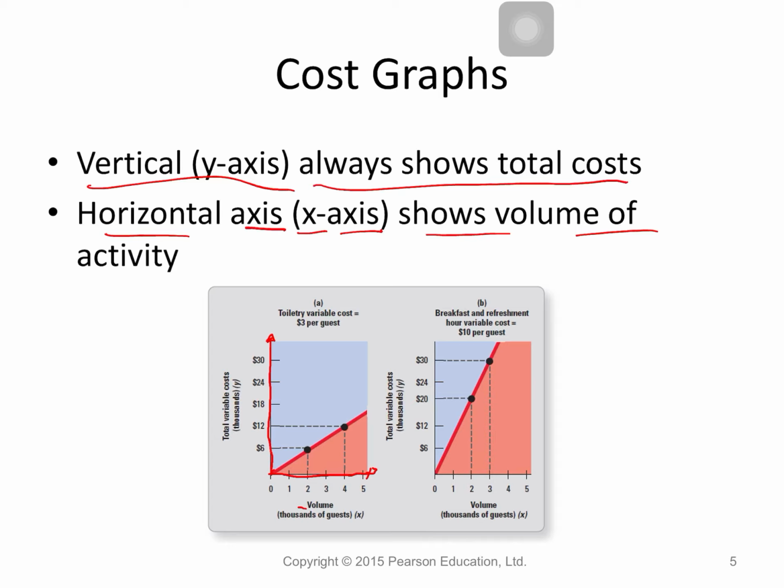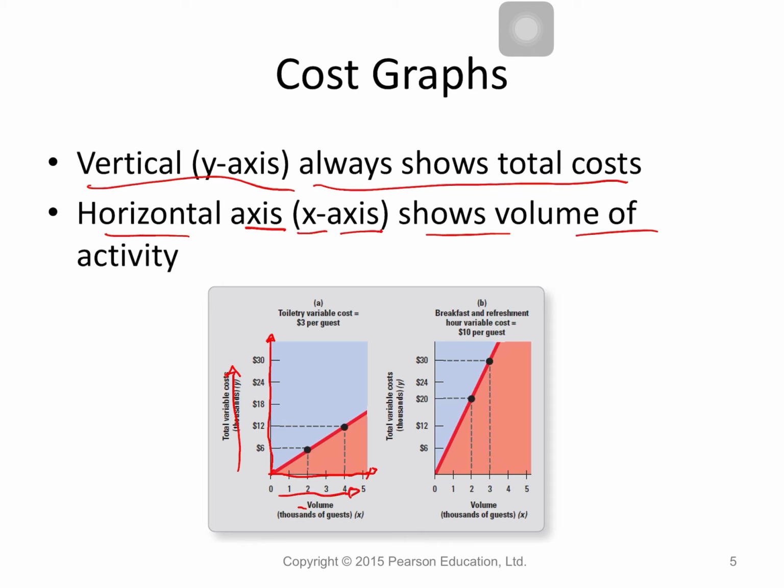This is the variable graph. You see that total variable cost changes if the volume changes.